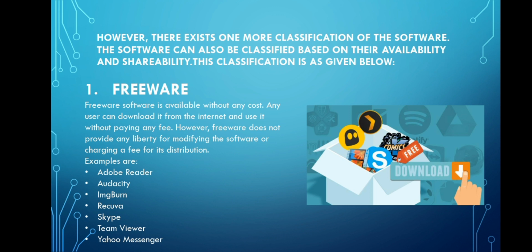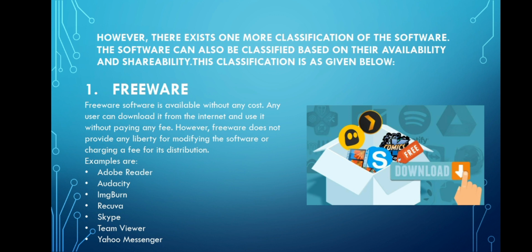However, there exists one more classification of software. The software can also be classified based on their availability and shareability. This classification is given below. Freeware. Freeware software is available without any cost. Any user can download it from the internet and use it without paying any fee.